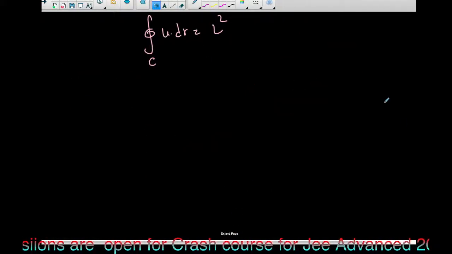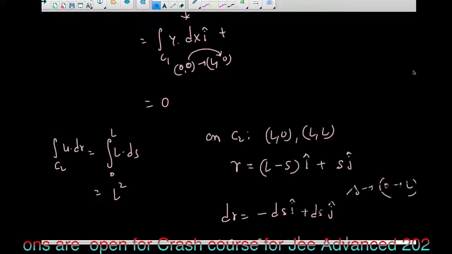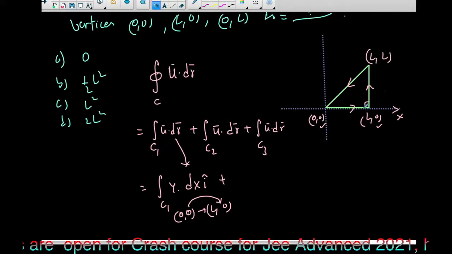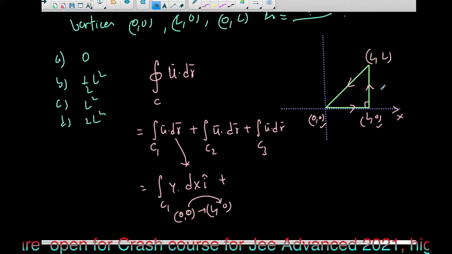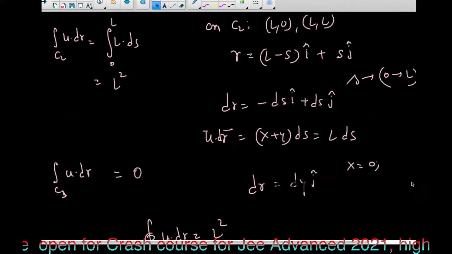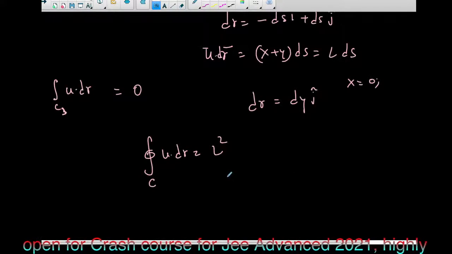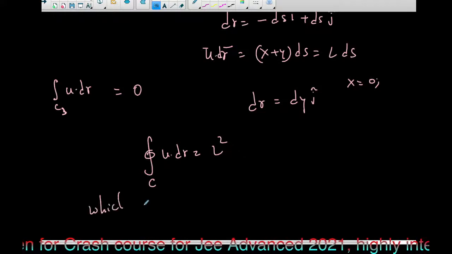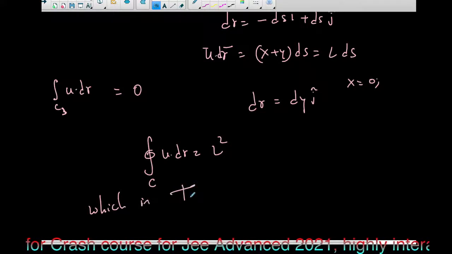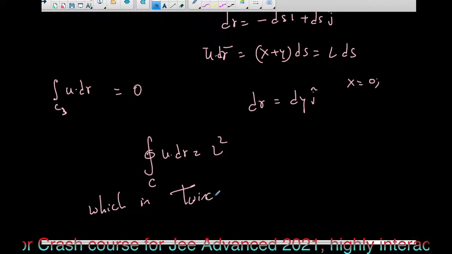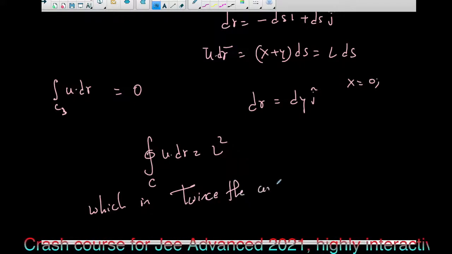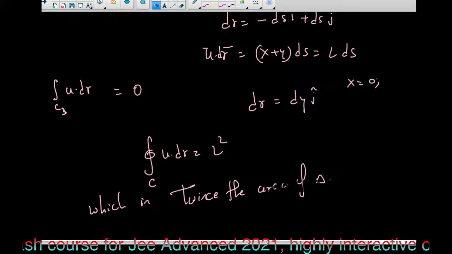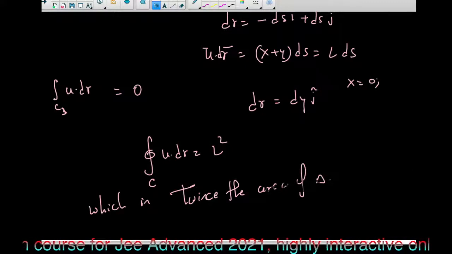What was the area of this triangle? If you see, the area of this triangle is half of altitude into base, so L into L, half of L square. But the answer is L square, which is twice the area of the triangle.